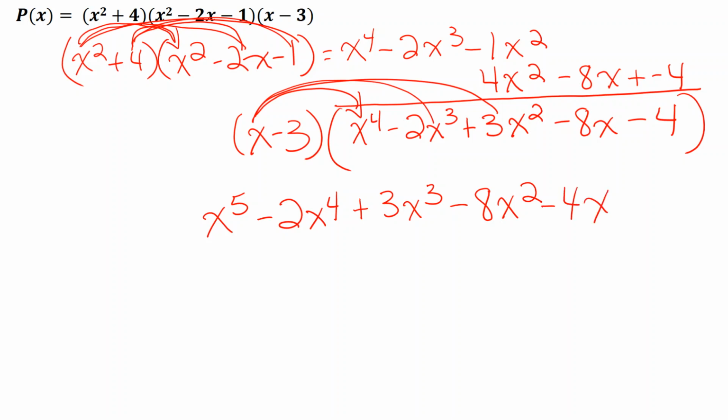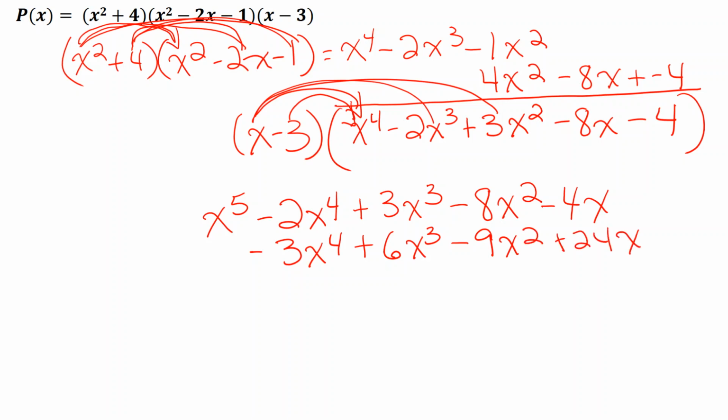Now I have to distribute my negative 3 to everything. Negative 3 times x to the 4th is negative 3x to the 4th. Negative 3 times negative 2 is plus 6x to the 3rd. Negative 3 times 3 is minus 9x squared plus 24x plus 12.